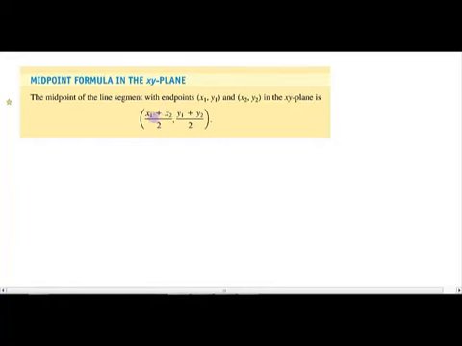Now you can see this is much like taking the average. In fact, we are taking the average. If we're trying to find the midpoint between these 2 points, you can envision it's probably somewhere around here. And can you see that that is midway x-wise? And can you see that it's midway in height y-ways?